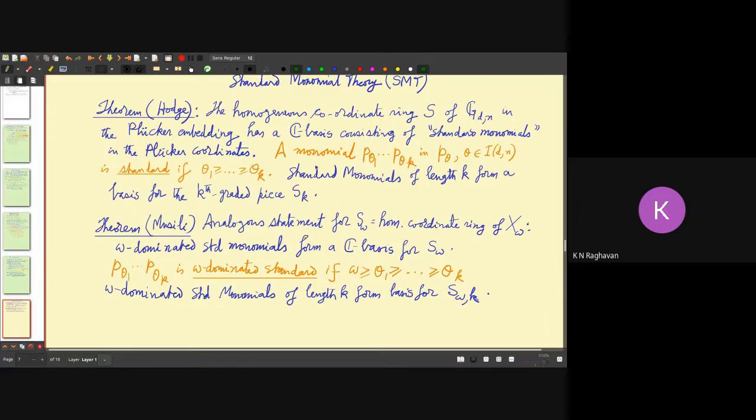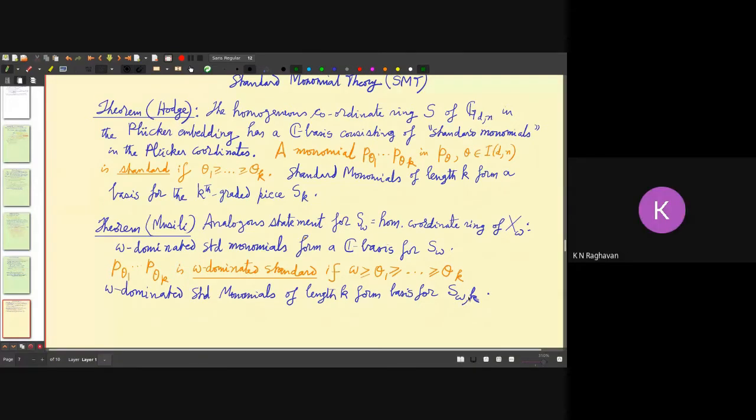Because if θ is not less than or equal to W, P_θ is going to vanish on the Schubert variety, so this is not so unexpected. So you take those standard monomials which are W-dominated, which means the highest one is dominated by W. And this theorem is the same. If you take all of them as k varies, you get a basis for the coordinate ring. And if you restrict to those of fixed length, you get it for a graded piece.